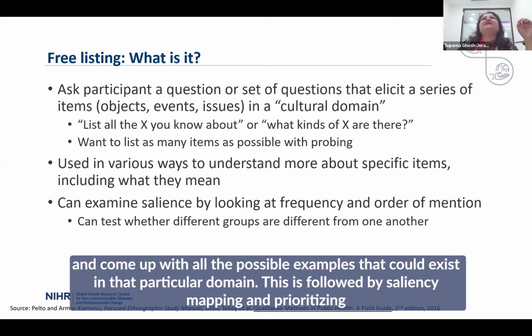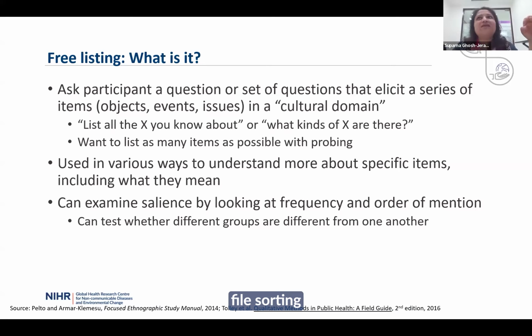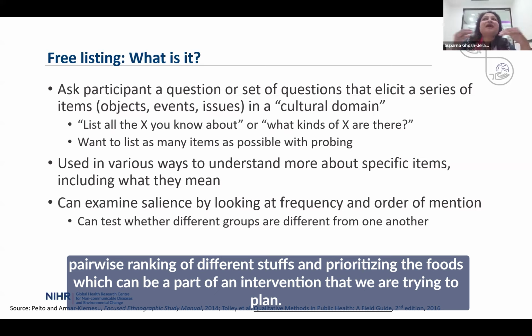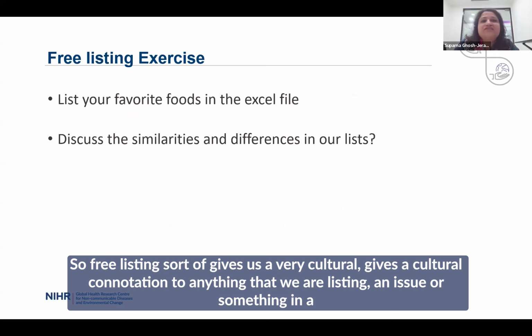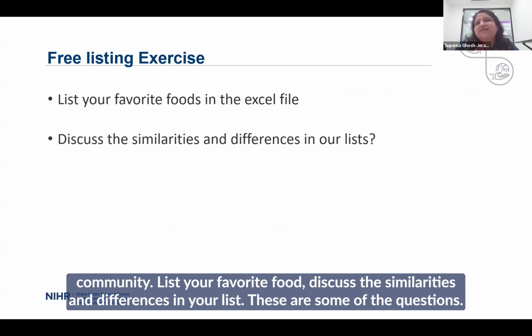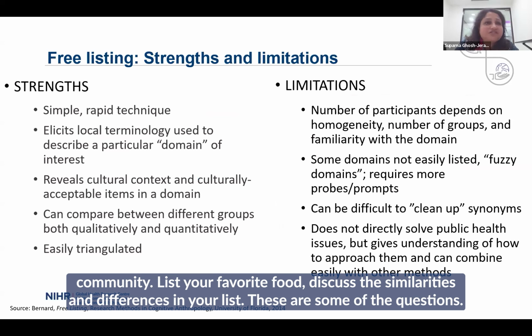This is followed by saliency mapping and prioritizing, pile sorting, pairwise ranking of different items, and prioritizing the foods which can be a part of an intervention that we are trying to plan. So free listing gives a cultural connotation to anything that we are listing, an issue or something in a community. List your favorite food, discuss the similarities and differences in your list. These are some of the questions.